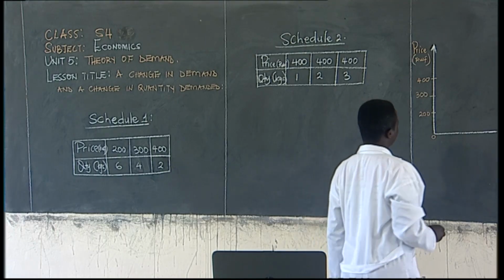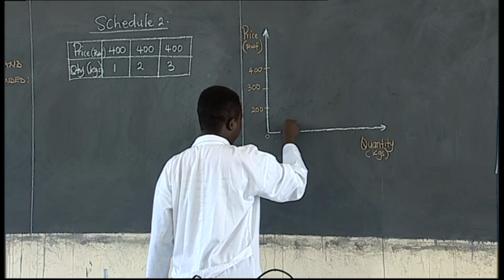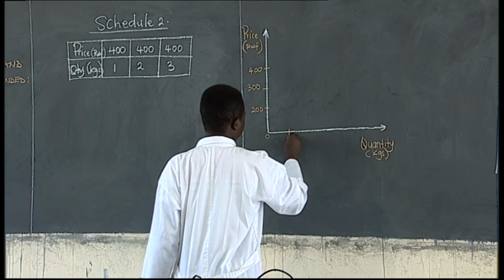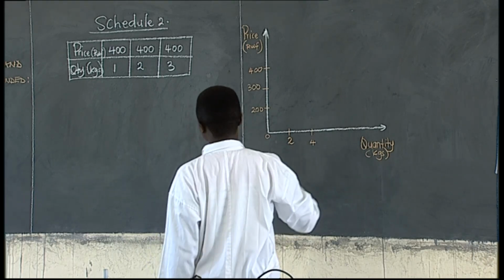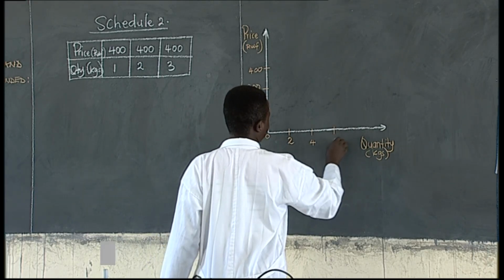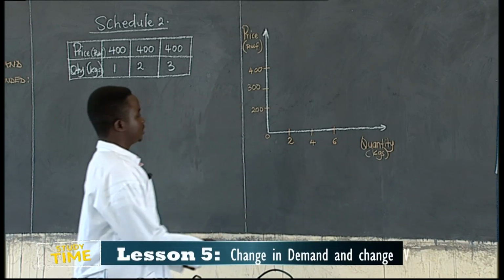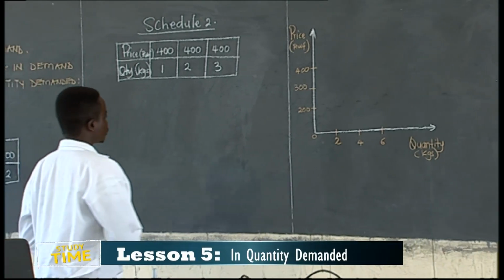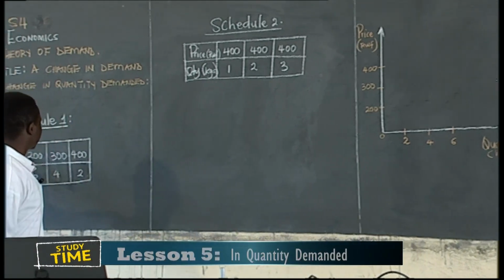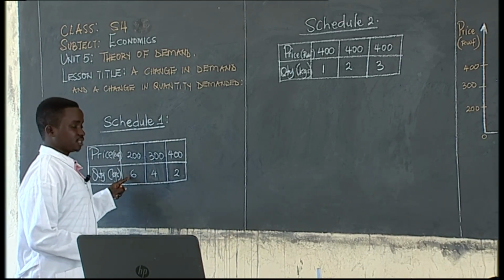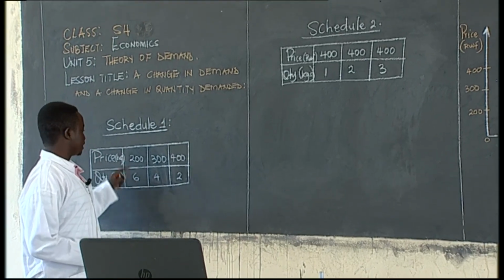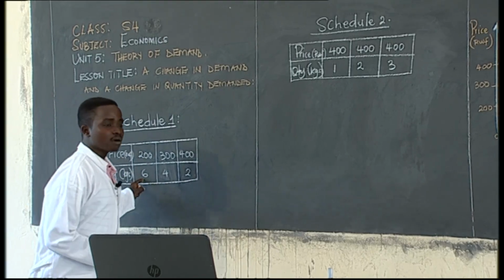Then on this x-axis, we have 2 units of the commodity, 4 units, and 6 units of this commodity. So when the price was at 200 Rwandan francs, quantity demanded was 6 units, meaning that at a lower price, more quantity was bought.